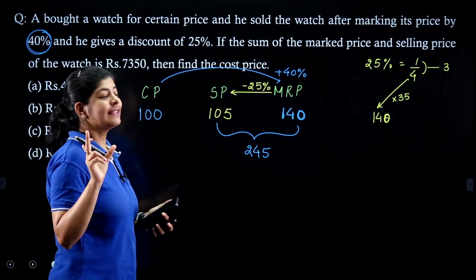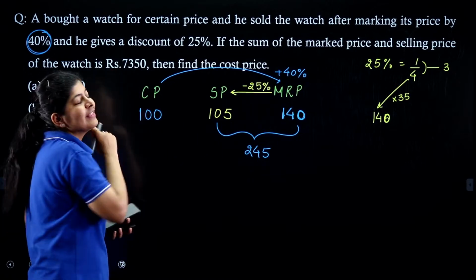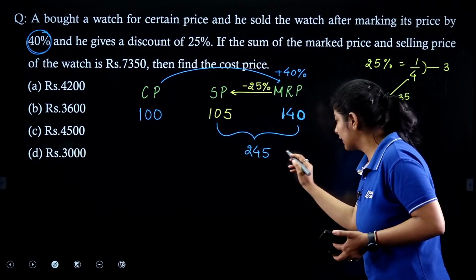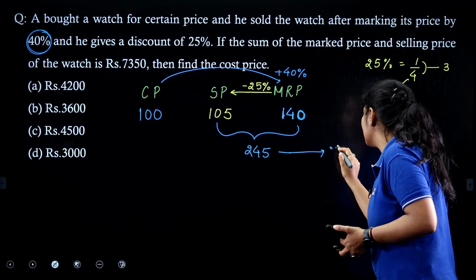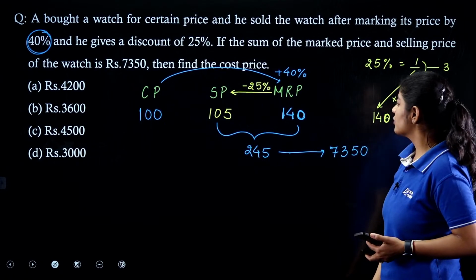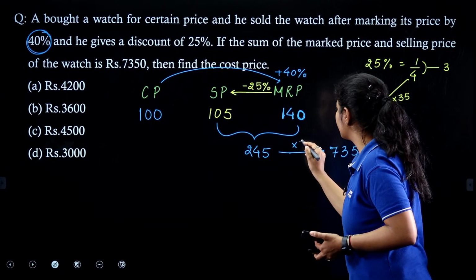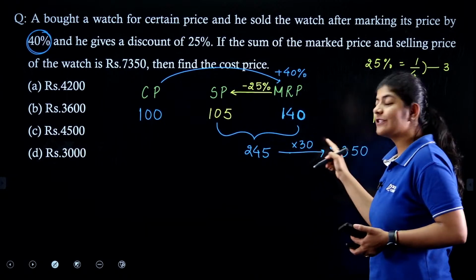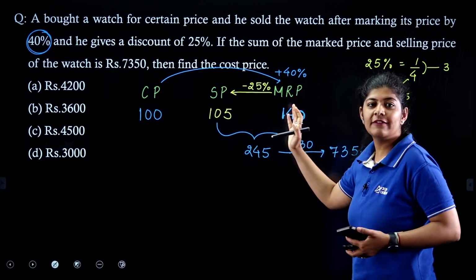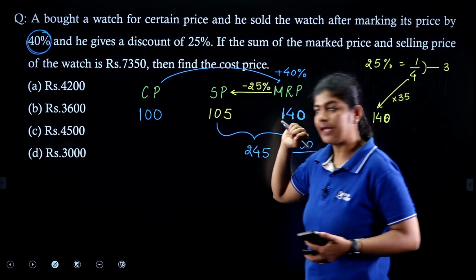The question is saying the sum is equal to 7,350. That means the value of 245 is nothing but equal to 7,350, right? So it is present on the multiple of 30. If this value is present on the multiple of 30, that means each and every single value is present on the multiple of 30, right?